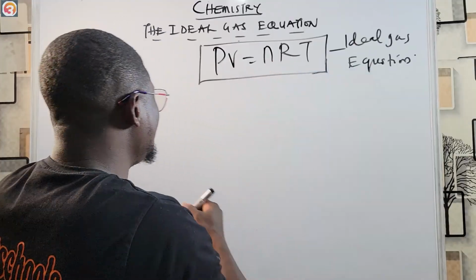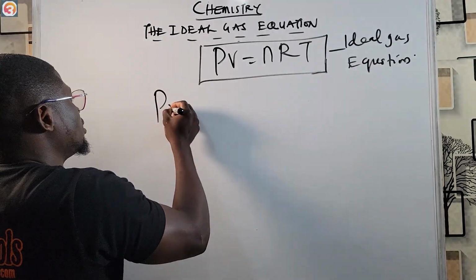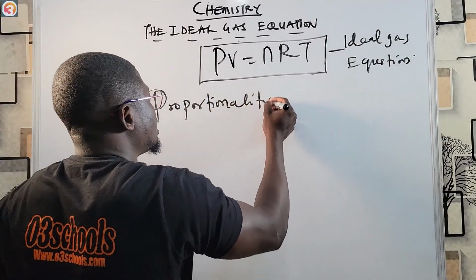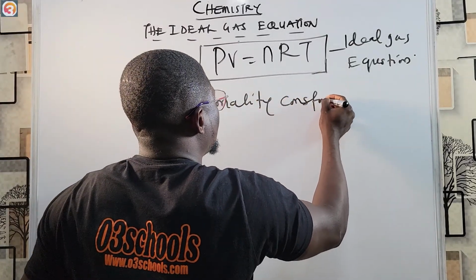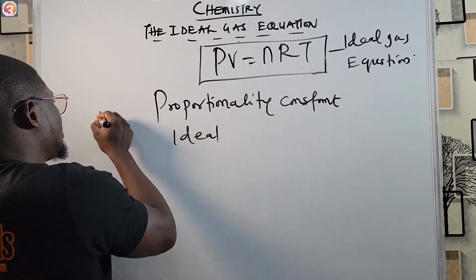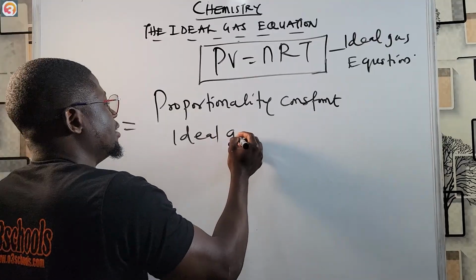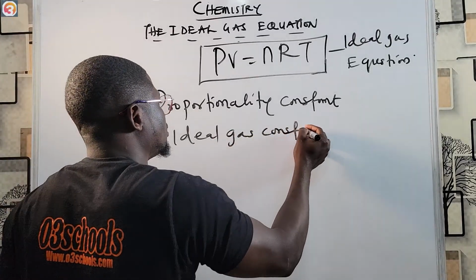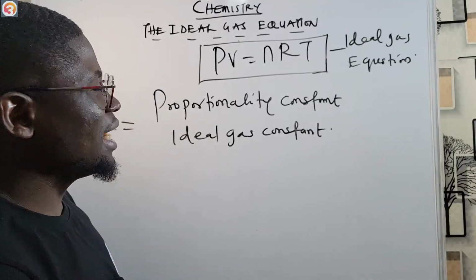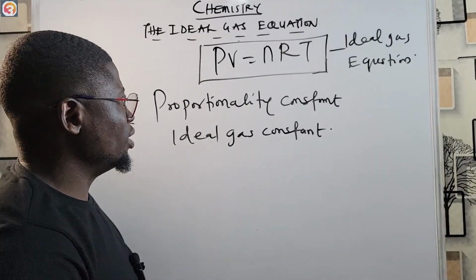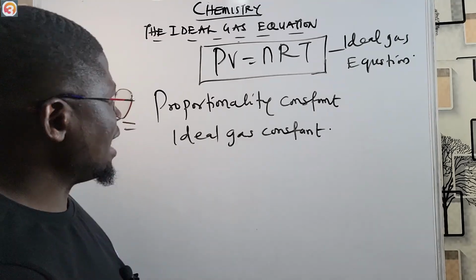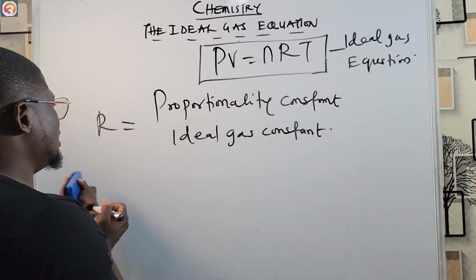R is a proportionality constant, called the ideal gas constant. So R there is a proportionality constant that is called the ideal gas constant. Then T, of course, is temperature.